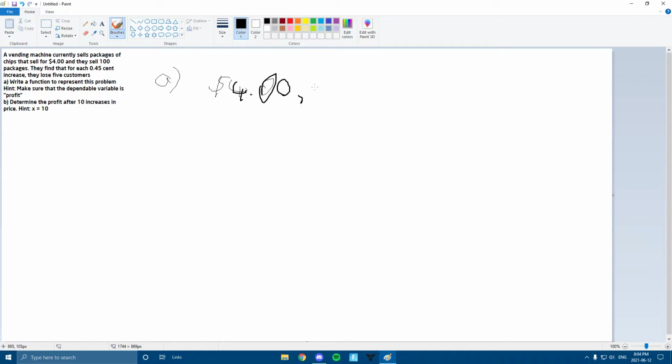We also have 100 as a value. We also have 0.45, which is the cents. And it also says they lose 5 customers, so we're going to write the number 5 down. It's going to be -5 actually.